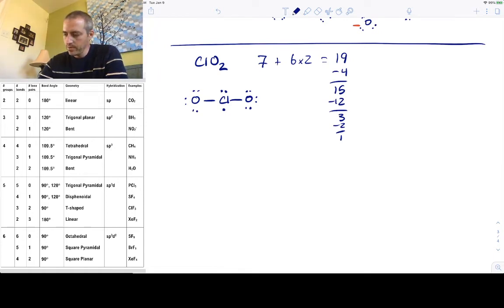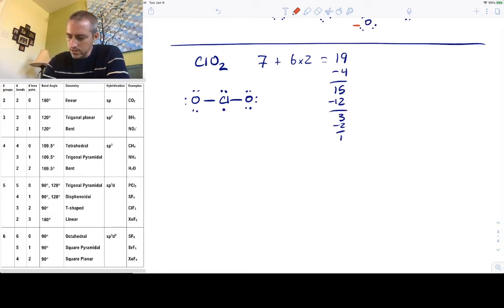Next step, we want to check to make sure all of our atoms have a full octet. The oxygens certainly do. The oxygens are fine. They each have 8 electrons, 1 bond and 3 pairs. The central chlorine, though, has 2 electrons in each bond for 4, right?